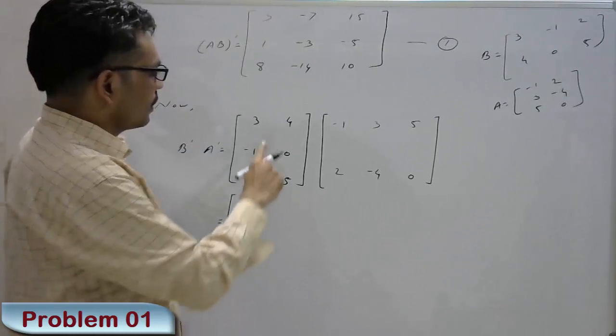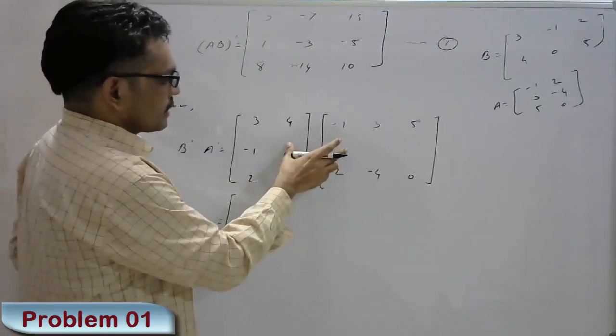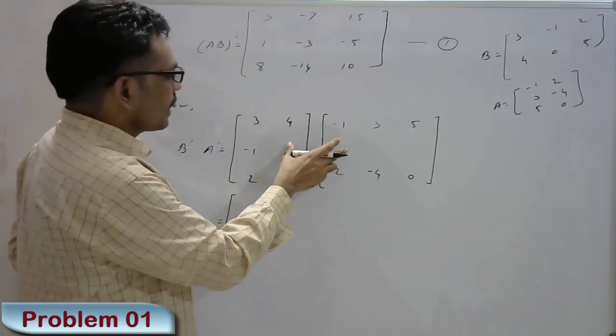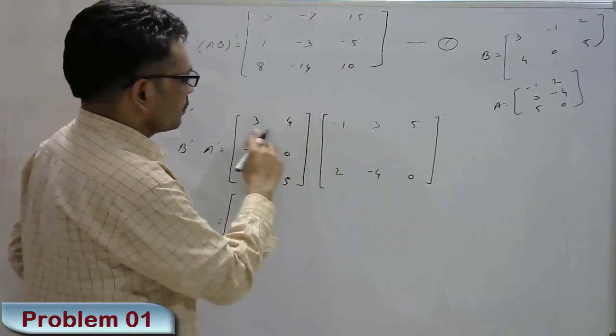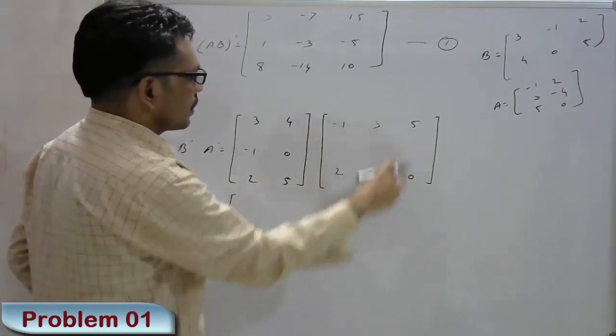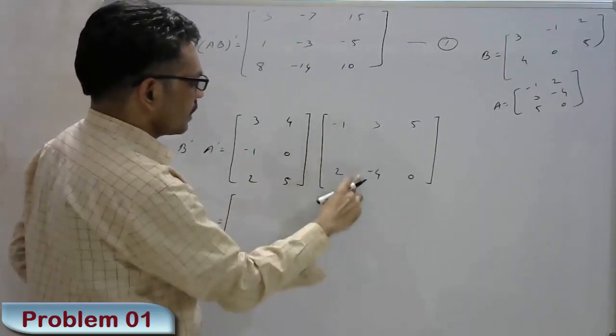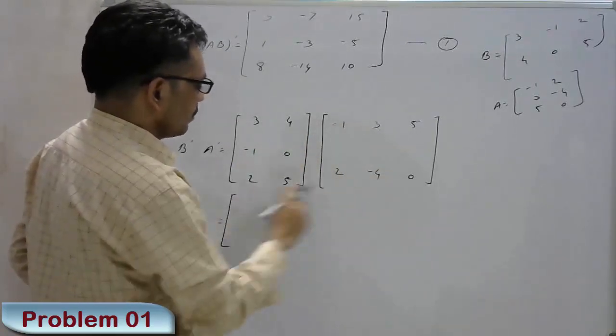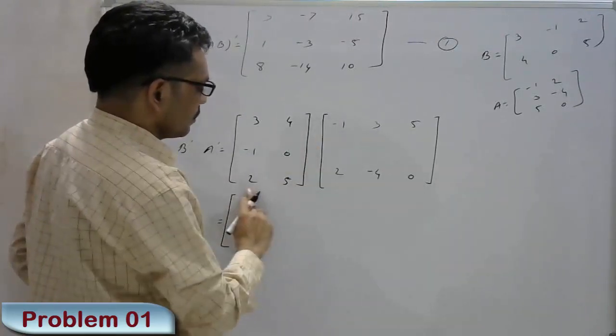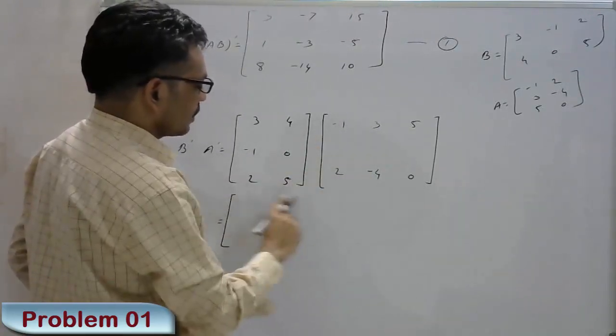Now, the product of two matrices is obtained by multiplying first row, first column; first row, second column; first row, third column; second row, first column; second row, second column; second row, third column; third row, first column; third row, second column; and third row, third column.